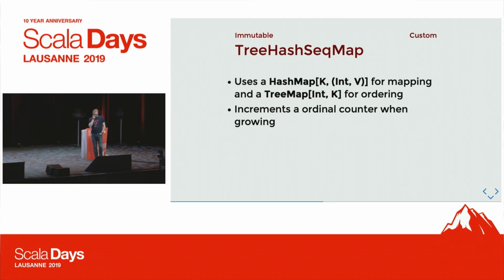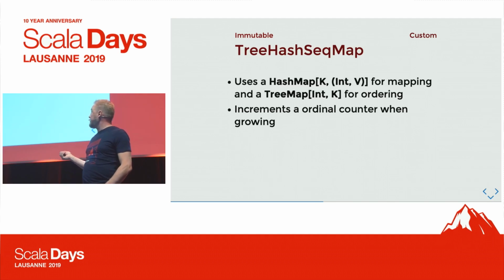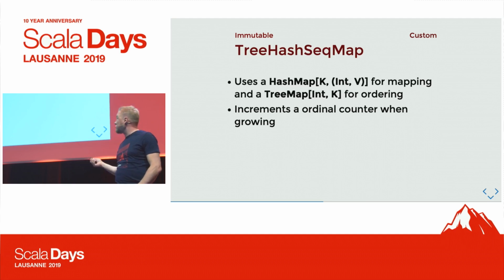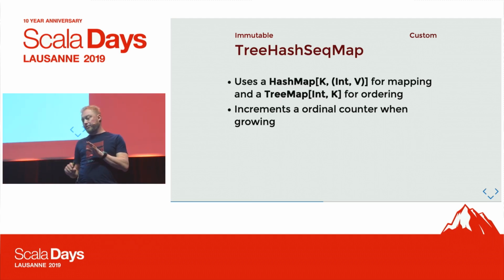So during the 2013 work and the collection Strawman work before that, I initially created this one as a reference implementation. If you think about this problem from the start, you might imagine that you have a hash map, and you want this key to index and value mapping.